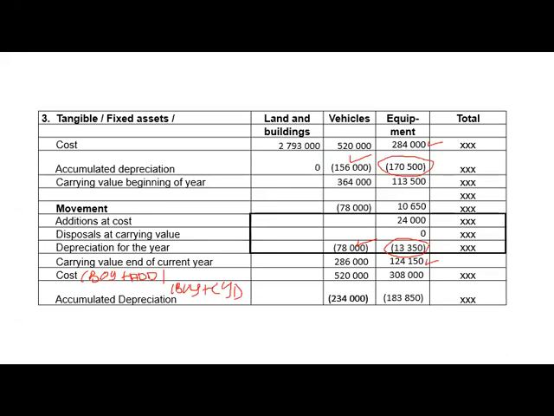Land and buildings, nothing was said really, so it's pretty much the same. Guys, then you are going to add those three carrying values together. Then they will give you this total carrying value, which is 3,203,150. We will record that under tangible assets in your statement of financial position.